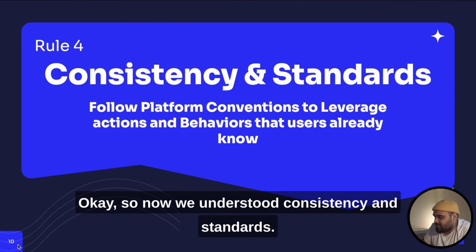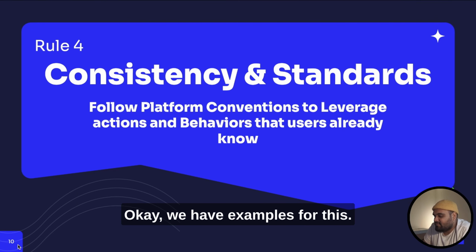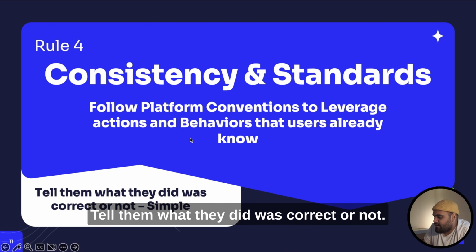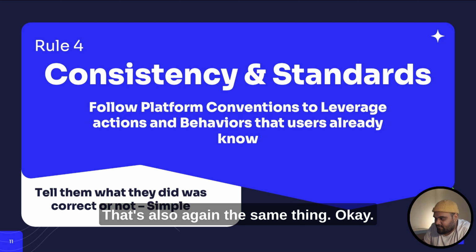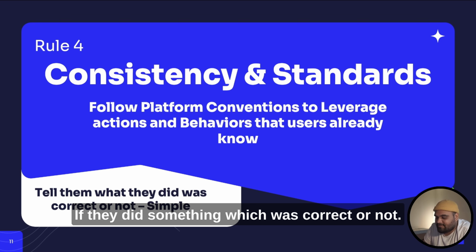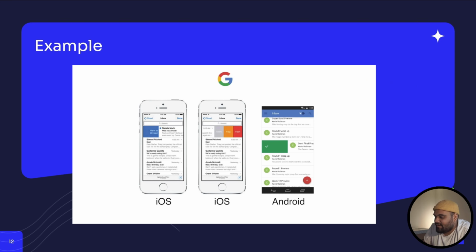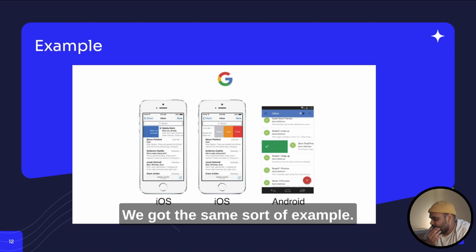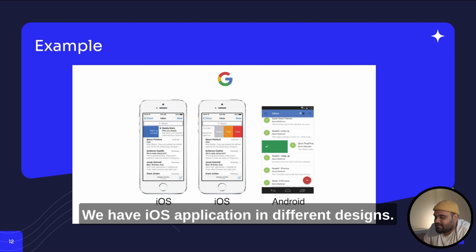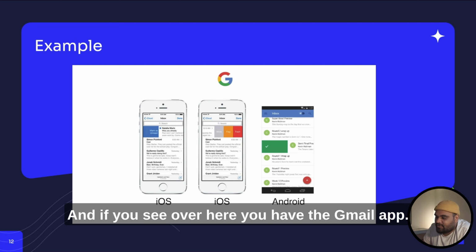Okay, so now we understood consistency and standards. We have examples for this. We got the same sort of example, with iOS applications in different designs. If you see over here, you have the Gmail app.